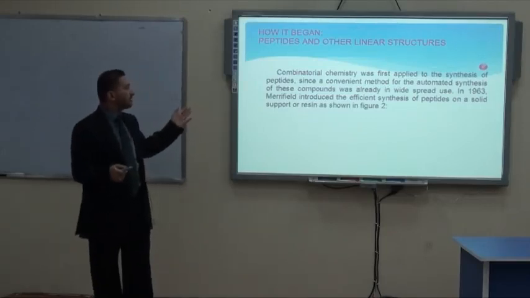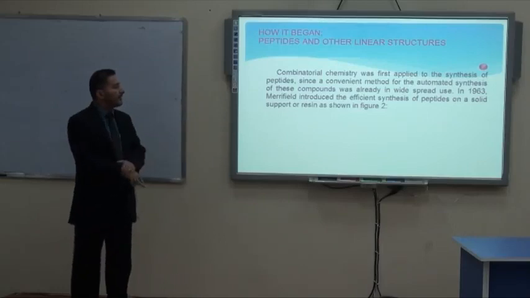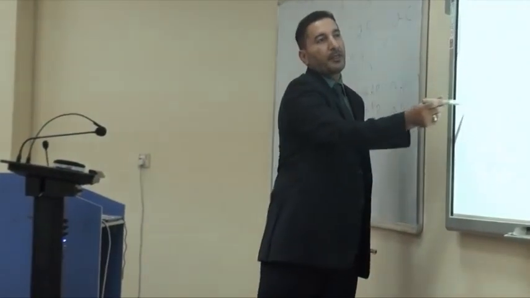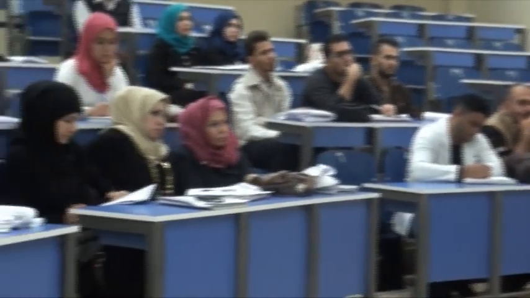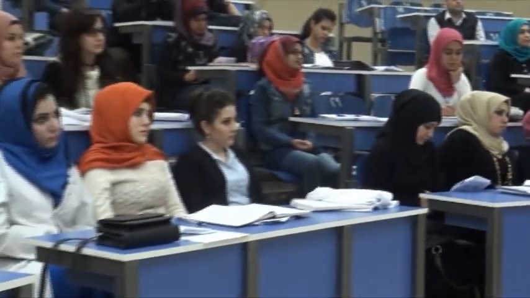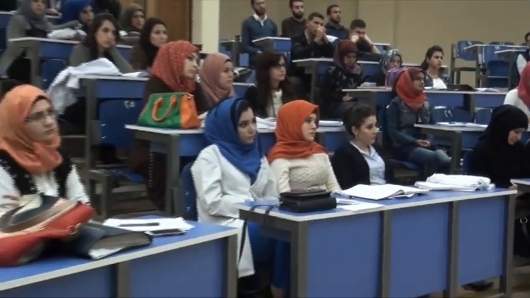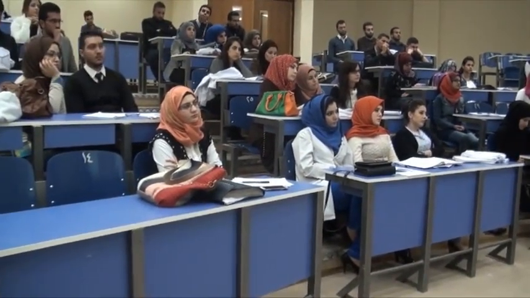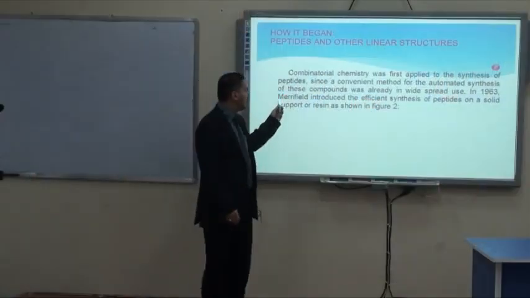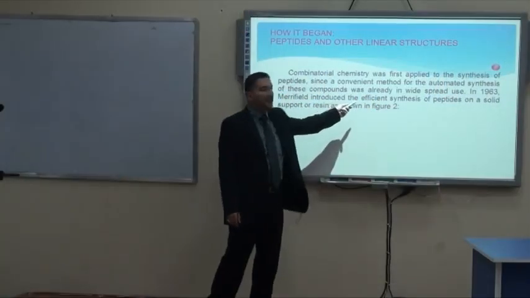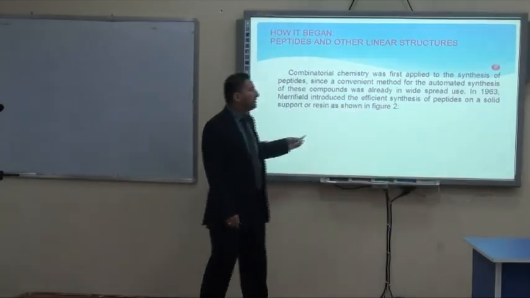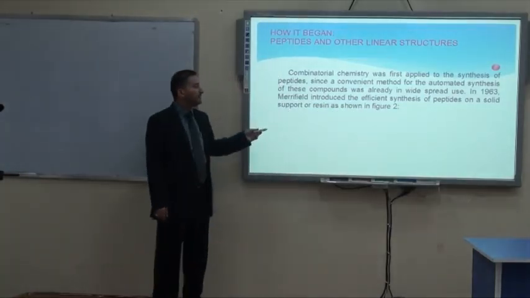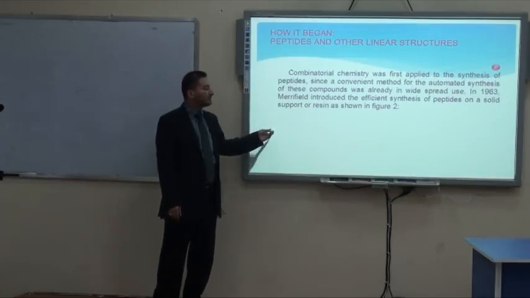First, combinatorial chemistry was applied to the synthesis of peptides. A convenient method for automated synthesis of these compounds was developed by Merrifield in 1963, in which Merrifield introduced the efficient synthesis of peptides on a solid support or resin, as shown in this figure.